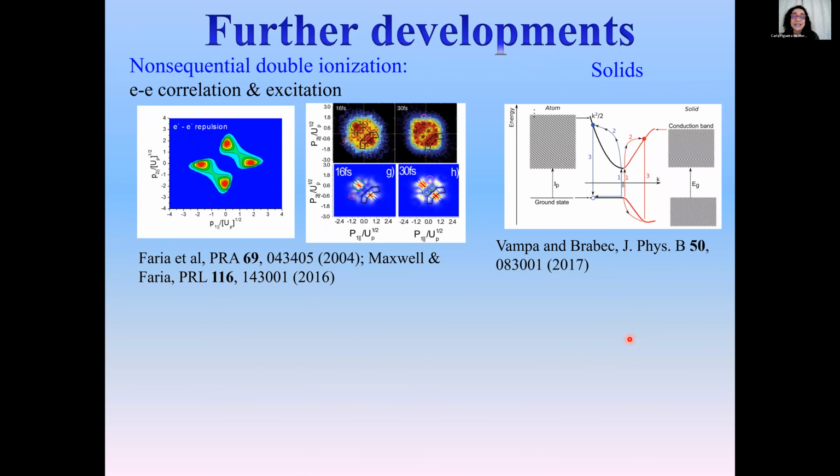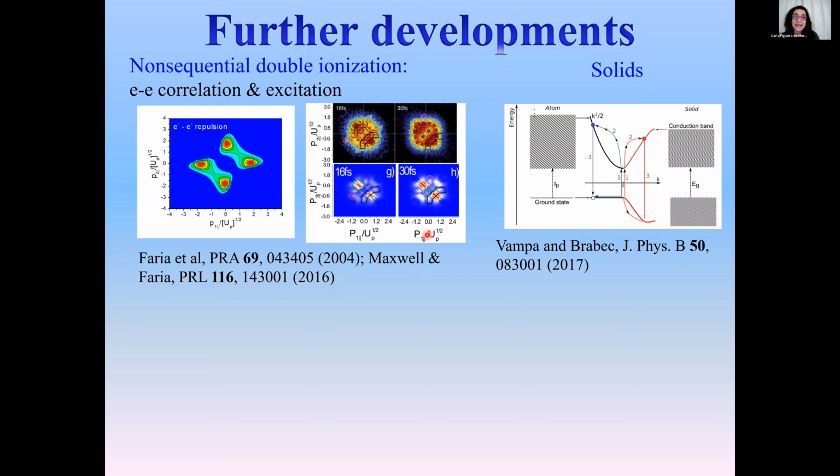And the theory has been used for many things. Namely, you can change it to incorporate electron-electron correlation and excitation. In fact, these results here were kind of old, but these that we had are more recent. You could see that we described quantum interference.